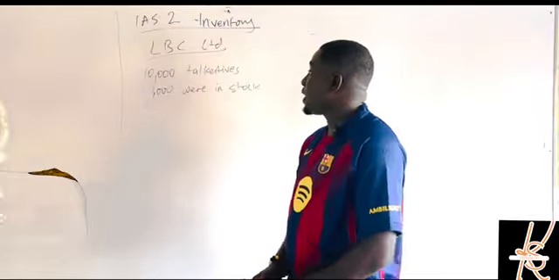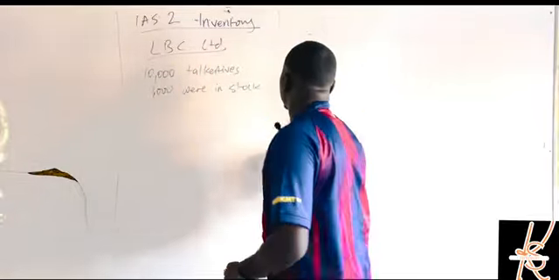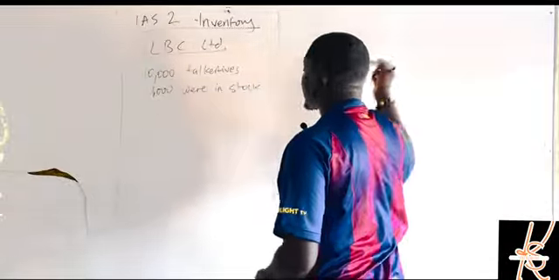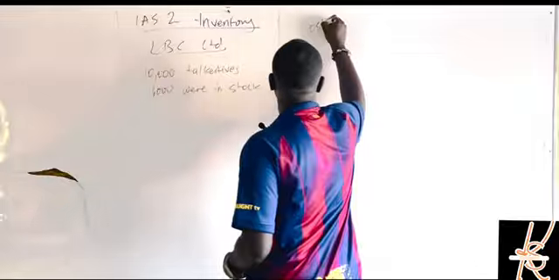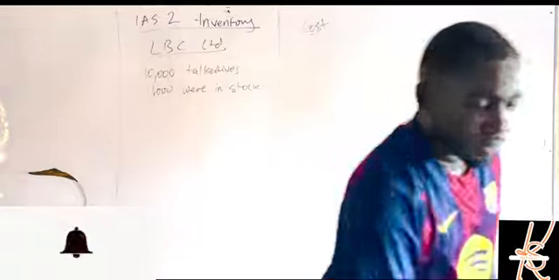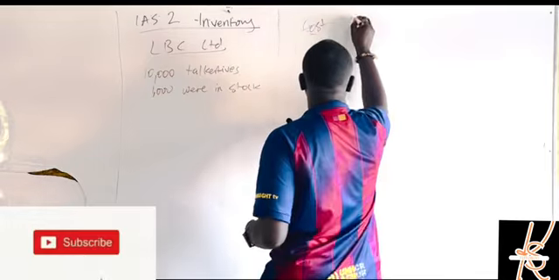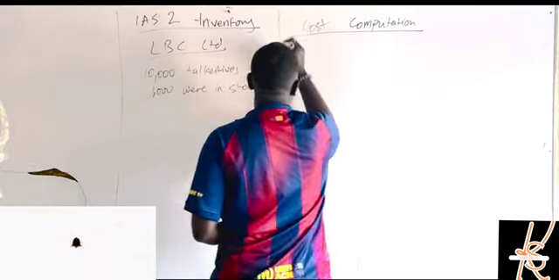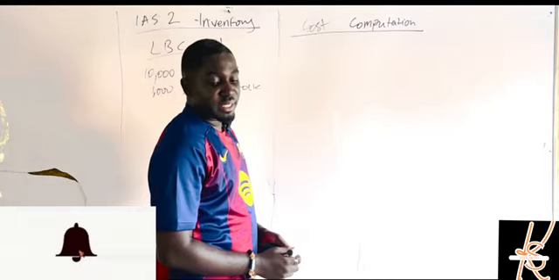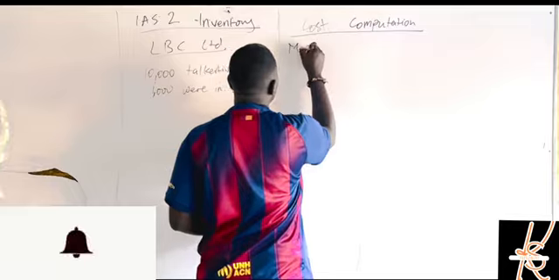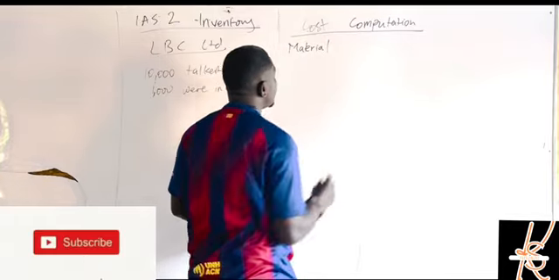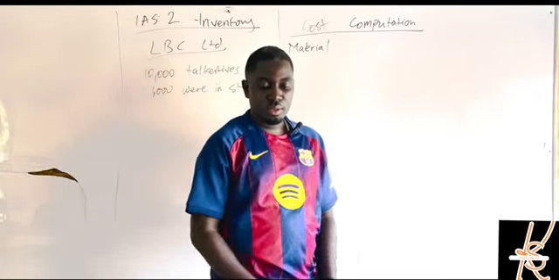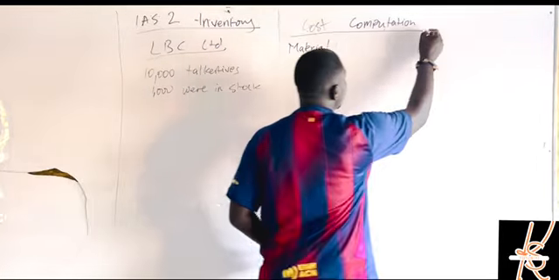We have some cost that cannot be added to the cost of inventory, and some that can be added. So, cost computation. Material is supposed to be part, which is 3,000 Ghana cedis.